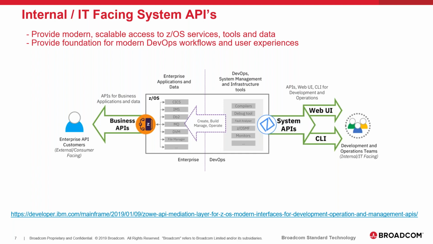So if you have compilers, debugging tools, fault analyzers, or some kind of monitoring tools, that's where you would leverage Zowe the most. We can call those system APIs or operational/administrative APIs, which would then be leveraged by CLI or via web UI.